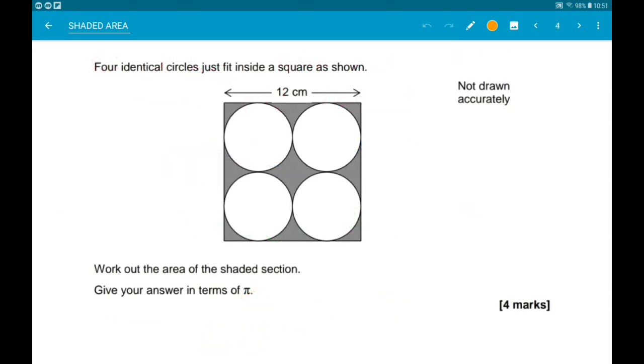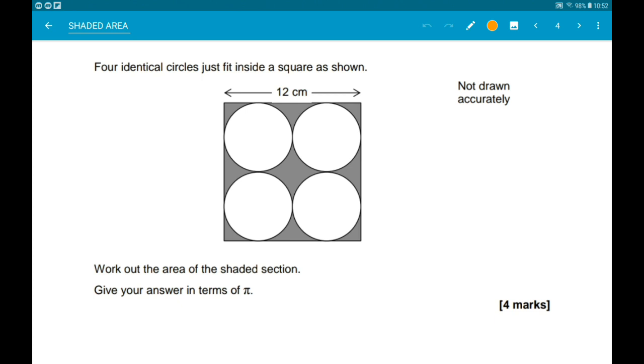Okay, next up, 4 identical circles just fit inside a square as shown. Work out the shaded area, give your answer in terms of pi. Okay, so think of a square as a sheet of pastry and we're cutting 4 circles out of it.